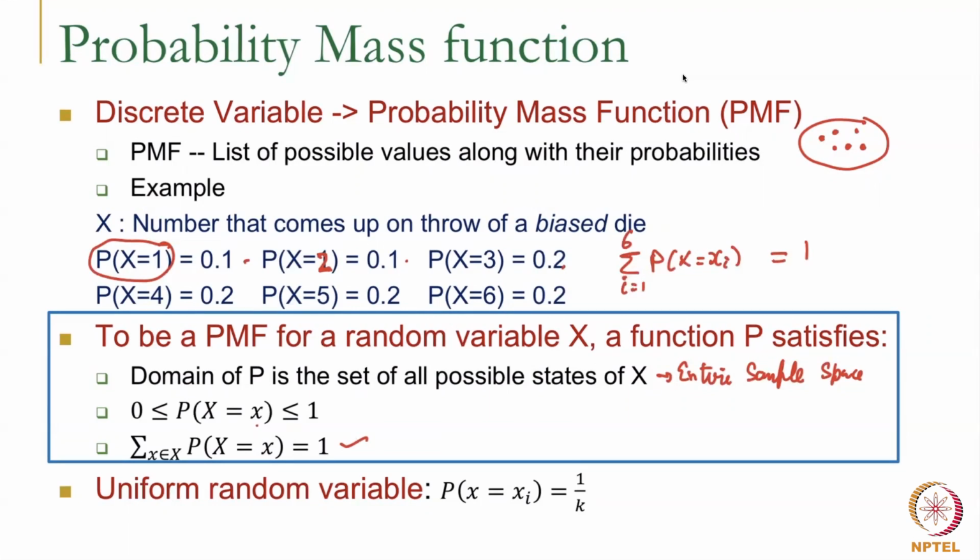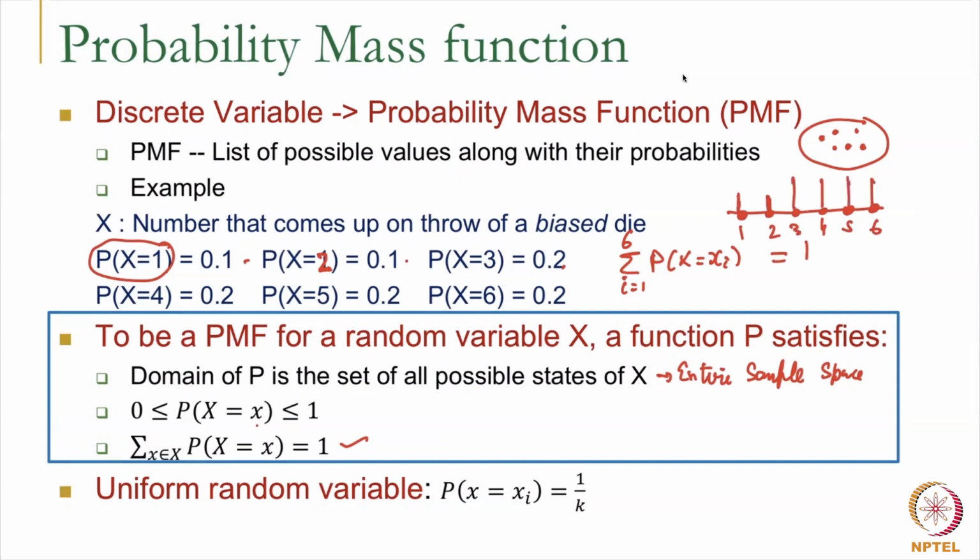You could also draw it like this. So for example, x equal to 1, 2, 3, 4, 5, 6, and it will look like a point load: 0.1, 0.1, 0.2, 0.2, 0.2, 0.2.